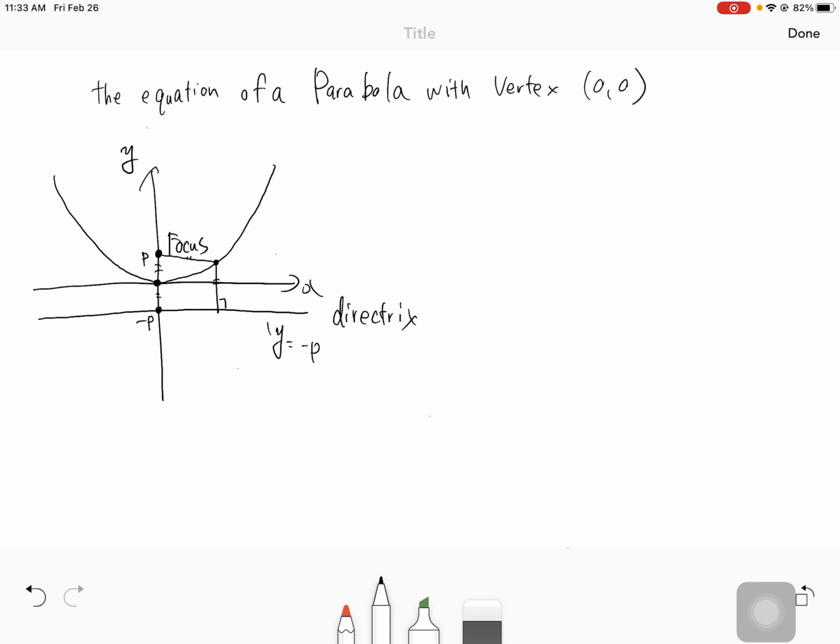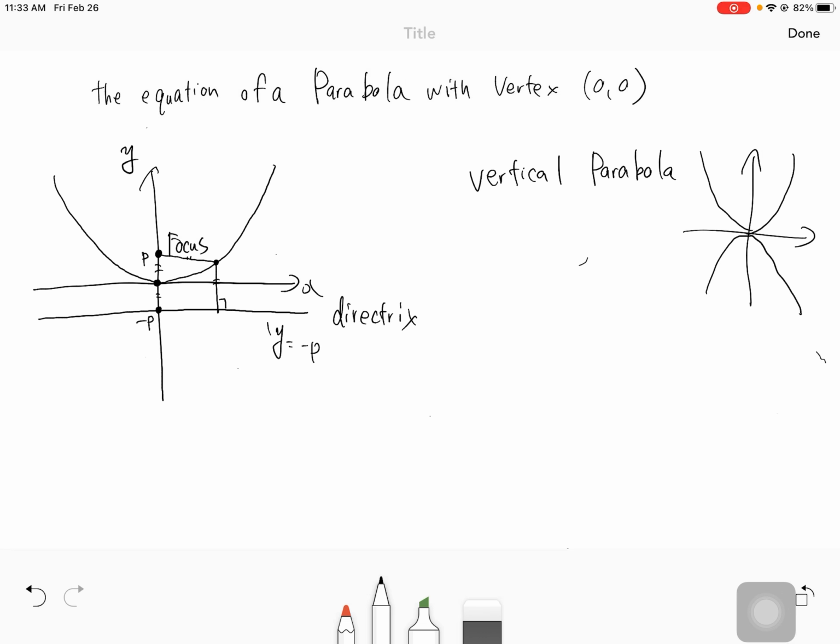And actually there are two kinds of parabola. First one is vertical parabola. Vertical parabola, as it says, is the parabola that opens up or opens down. The other one is horizontal parabola.